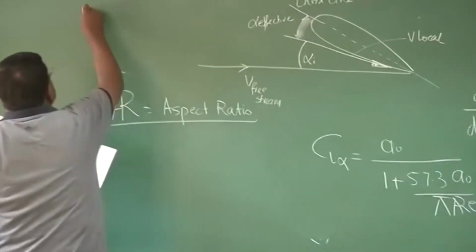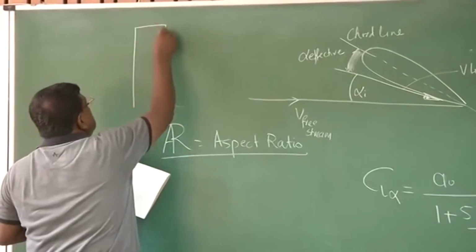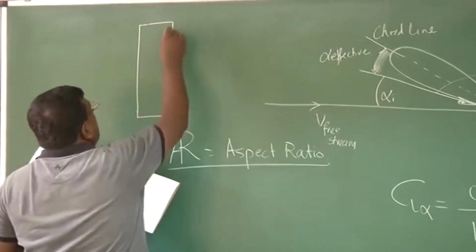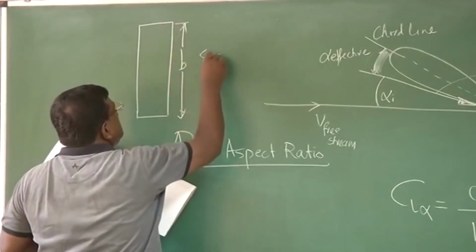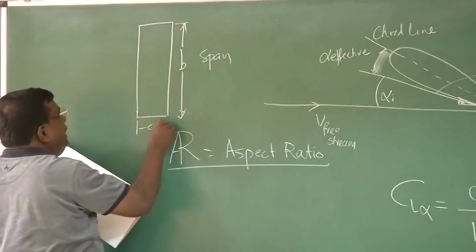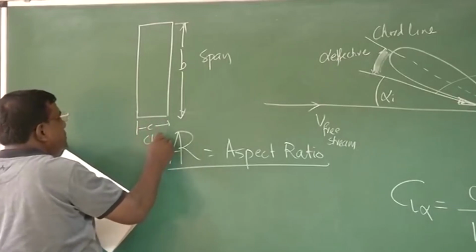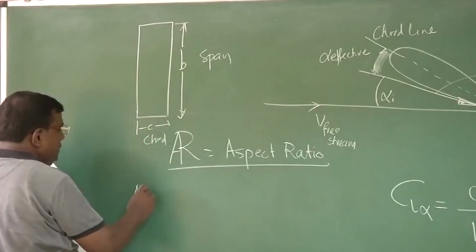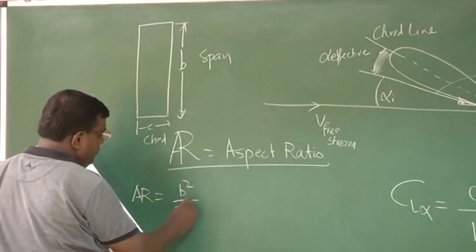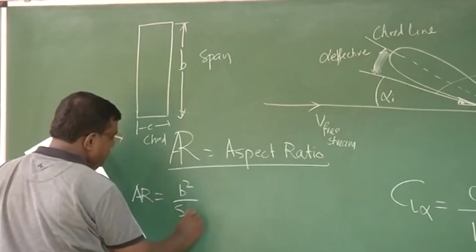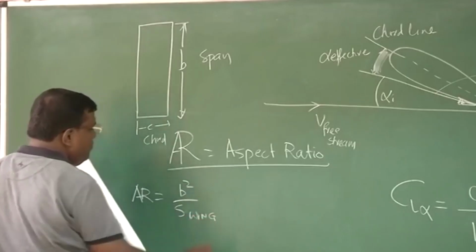For example, aspect ratio: if I draw a wing, if I call this b the span and this c the chord, aspect ratio we define as b square by S, the wing area.